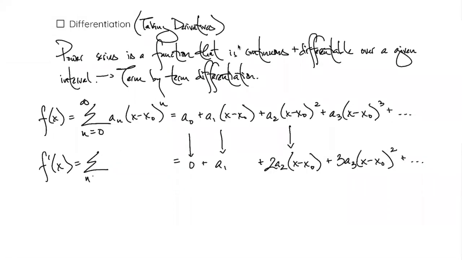Exactly. So n equals 1. I'm still going to go to infinity because I still have all the terms at the end that I got to find the derivative of. All right, a sub n, does that stay as the coefficient, or do I change that coefficient?